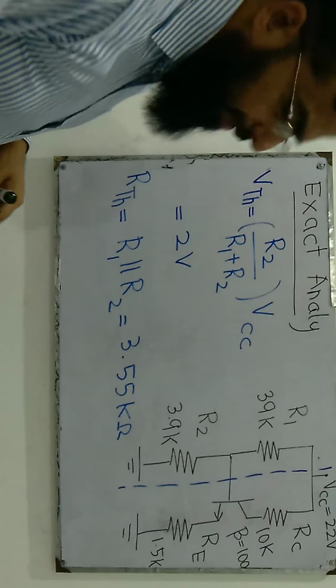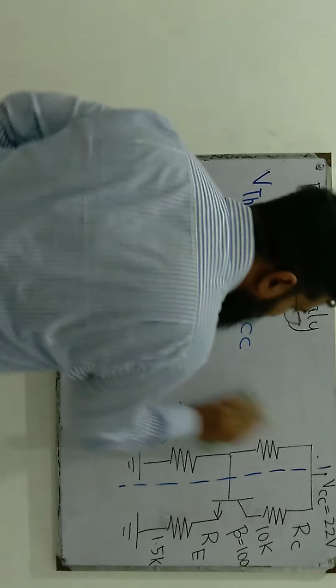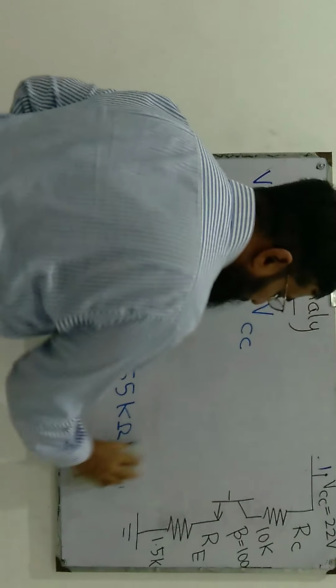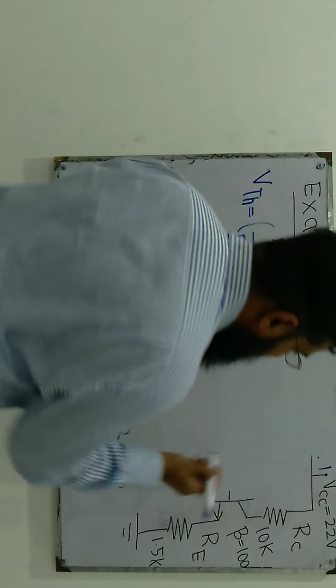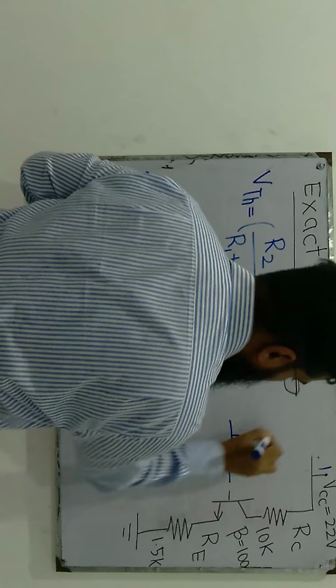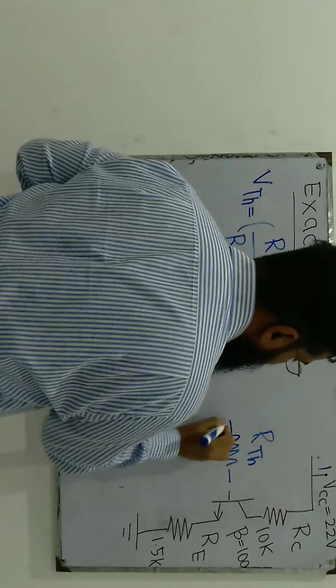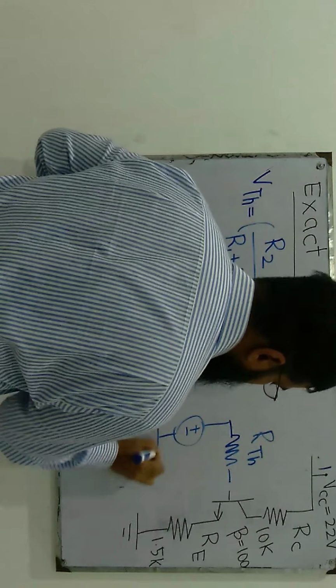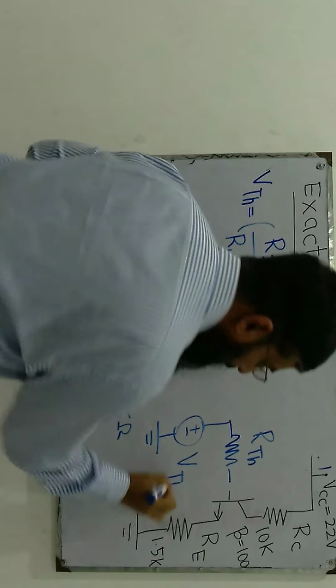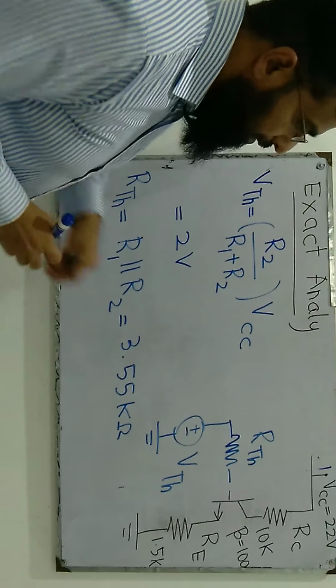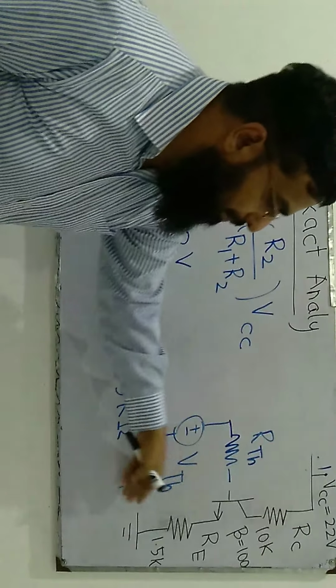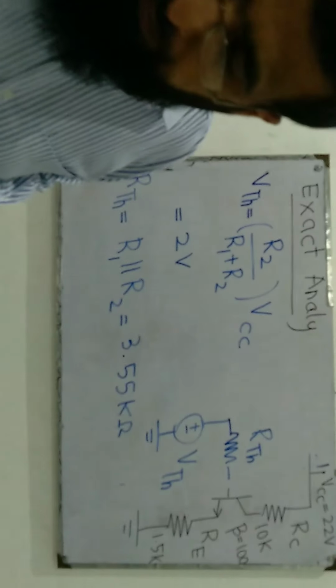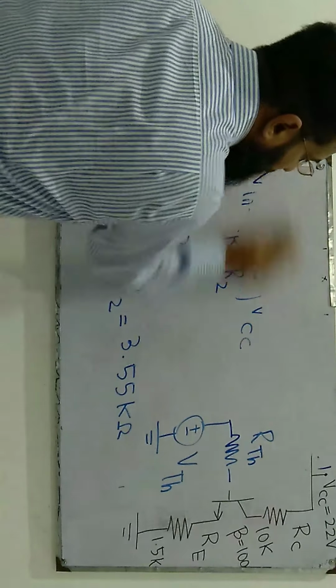The next step is that we replace this whole portion with a resistor having value R Thevenin and a voltage source having value V Thevenin, and then we write input and output loop equations.